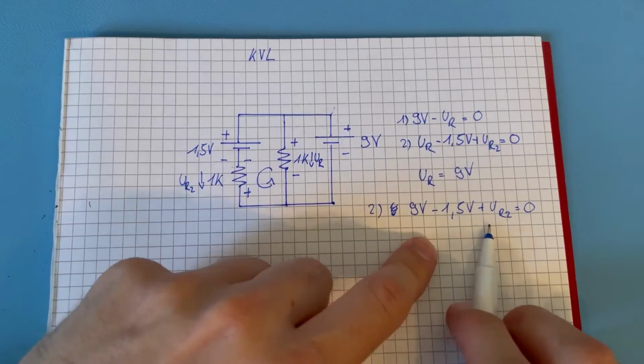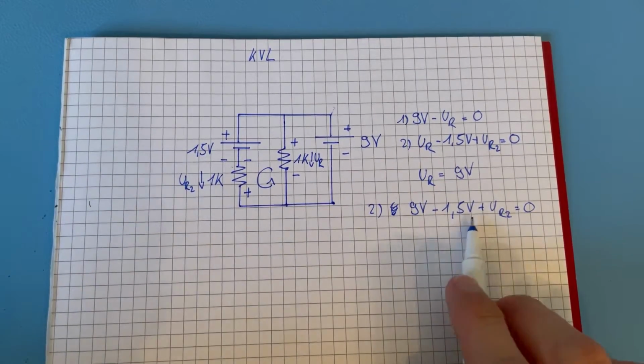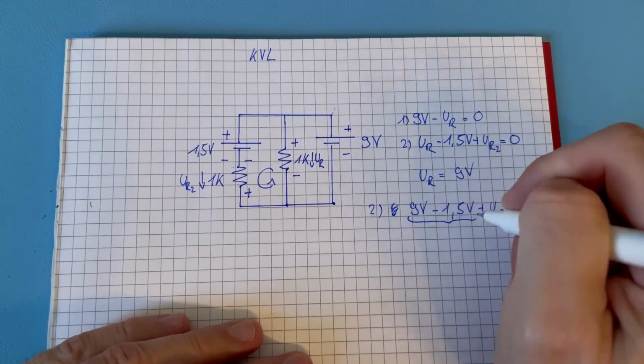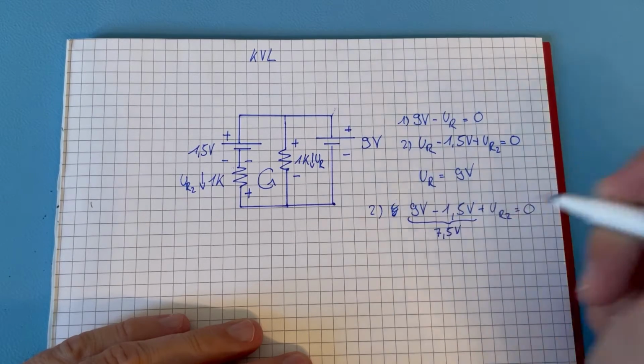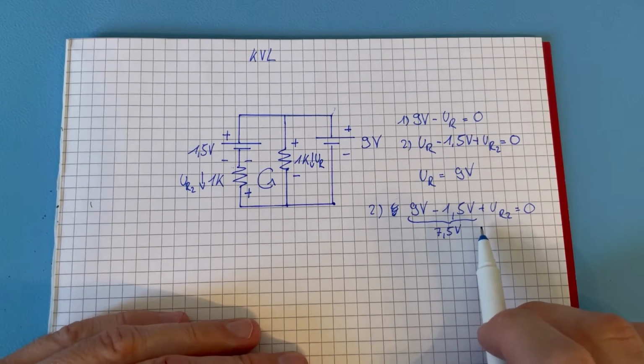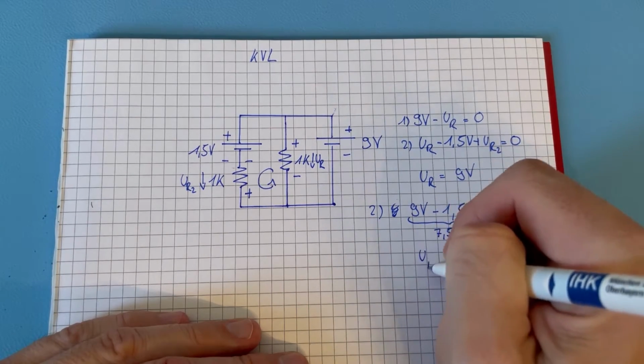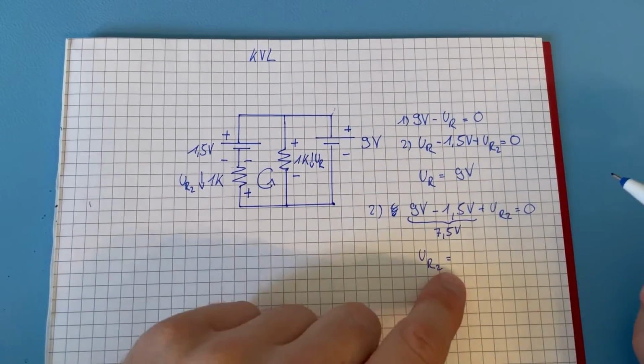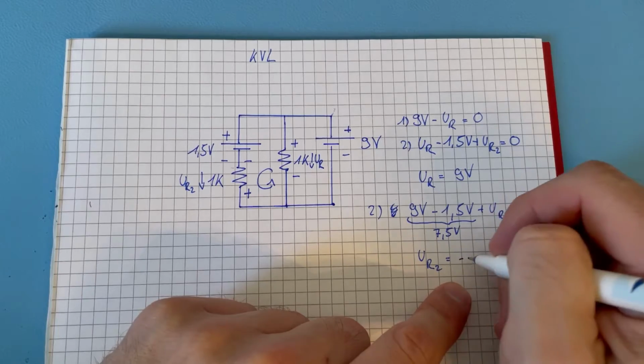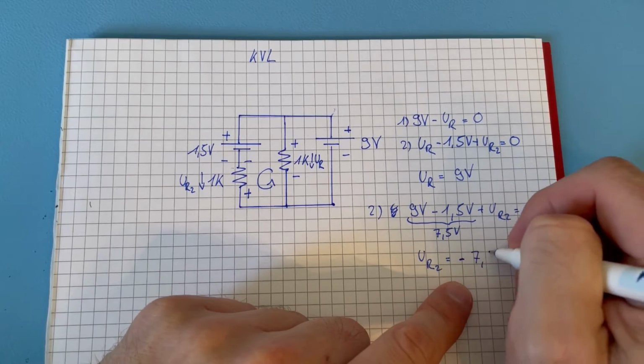We can solve for UR2, because 9 minus 1.5 is just 7.5 volt, and then we get UR2 equals negative 7.5 volt.